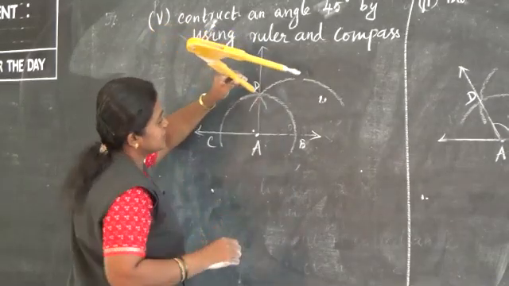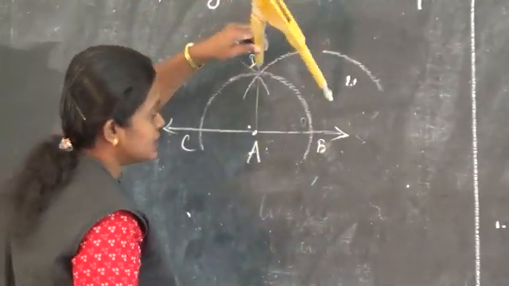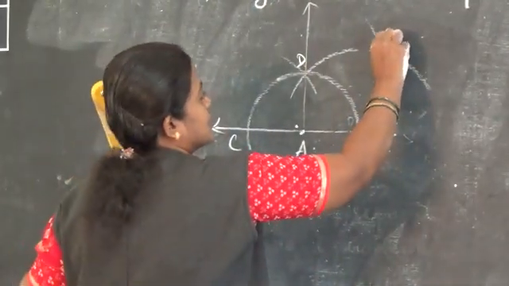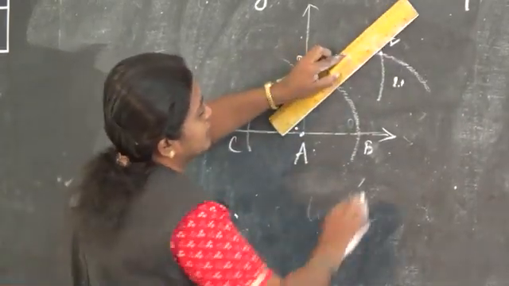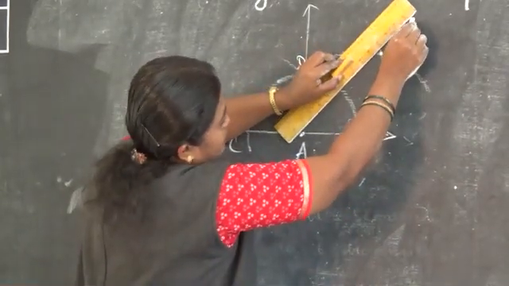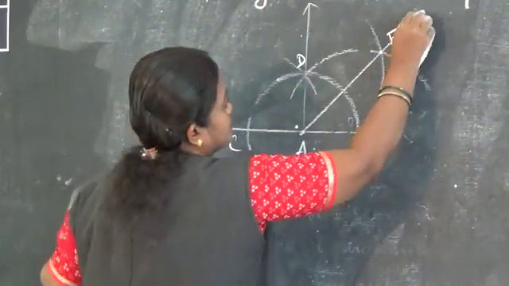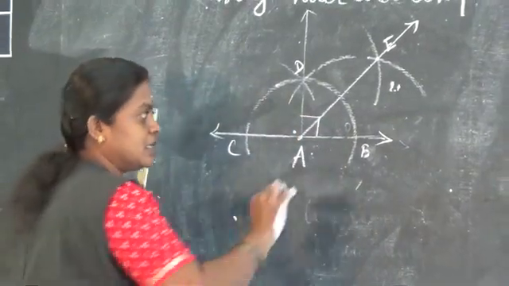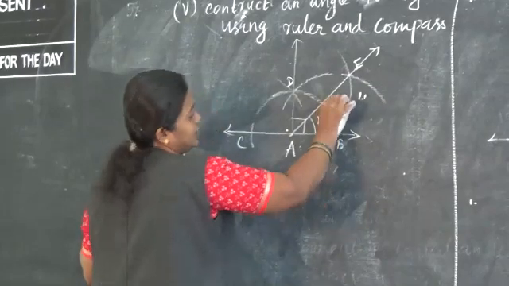This point is D. B as a center. Now D as a center, draw the arcs. It cuts at E. Now you can join this line. This is fully 90 degree.